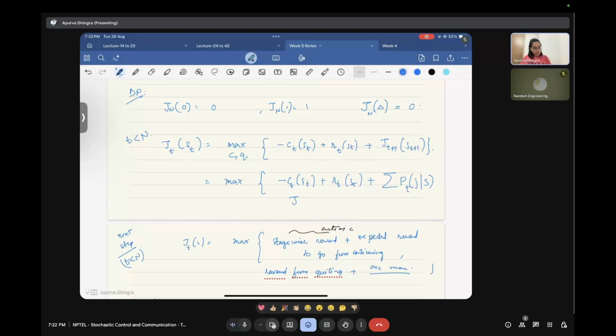So this j is the next state, right? This is the state that I'm going to have here also in Jt plus 1. So now st plus 1 is just j. This is the extra part.